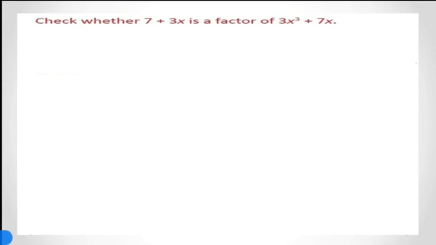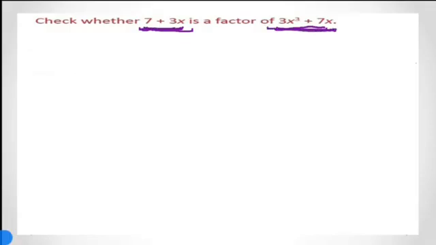Children, here we need to check whether 7 plus 3x is a factor of 3x cube plus 7x. So here this is the divisor and this is the dividend. That means this is q of x and this is p of x. So this is the factor for this polynomial.